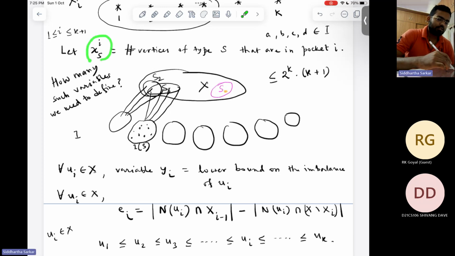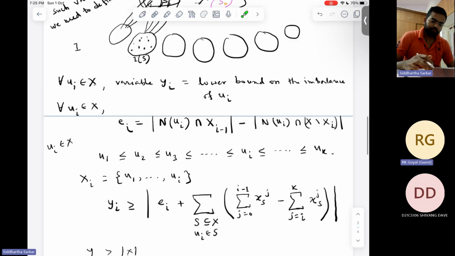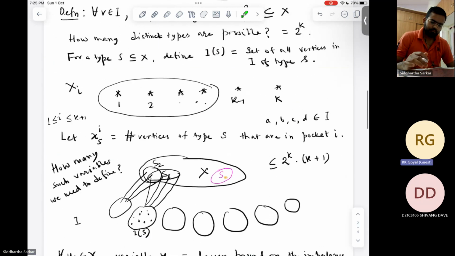XSI is the number of vertices of type S, that means those vertices in this box, I of S, that are in pocket I. So if you look at the ith pocket, the S set is there in the set X and not in the set I. Yes, S is a subset of X. So it says the number of vertices of type S that are in pocket I.